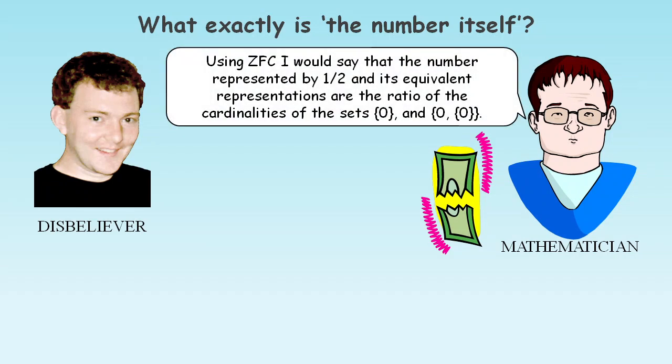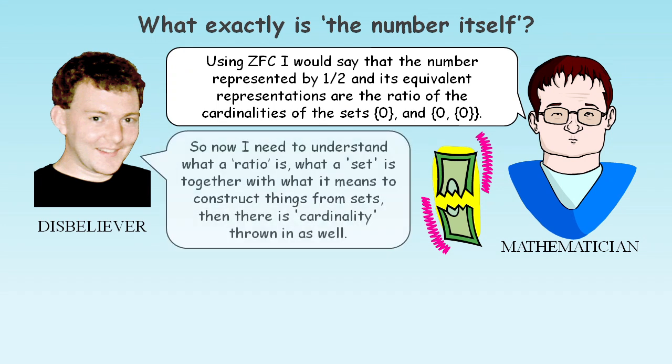A mathematician might use the axiomatic system known as ZFC to claim that the number represented by a half and its equivalent representations are the ratio of the cardinalities of the sets that correspond to the natural numbers 1 and 2.